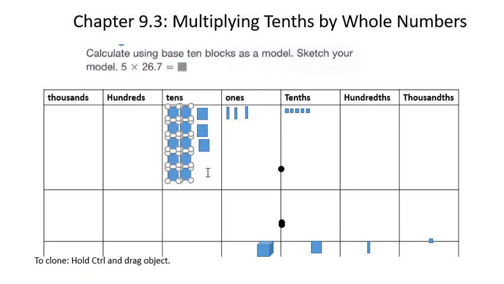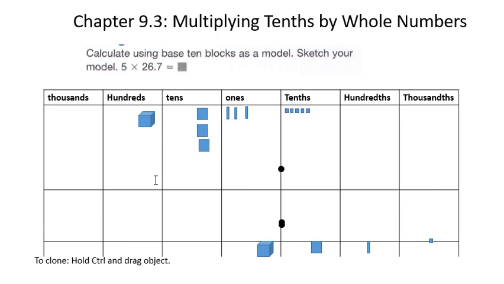I can regroup those, take 10 tens, and move 100 to here. So it's the same value as it was a moment ago, but I changed the way it looks. I went from having 5 groups of 2 tens, 6 ones, and 7 tenths to 1 hundred, 3 tens, 3 ones, and 5 tenths.